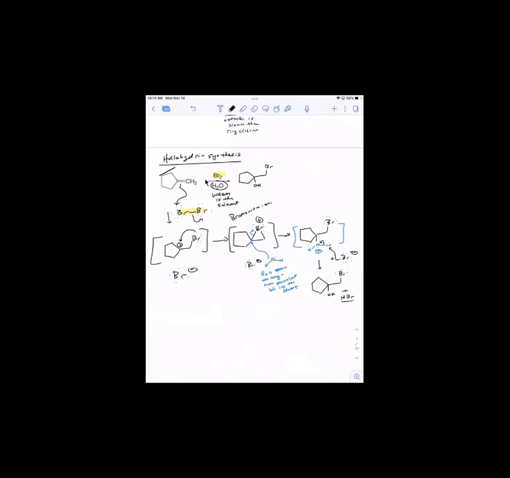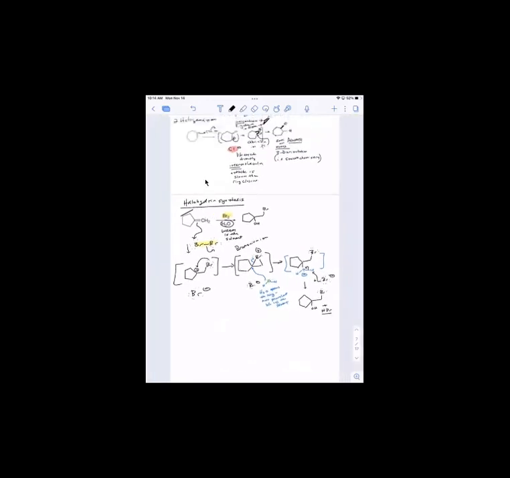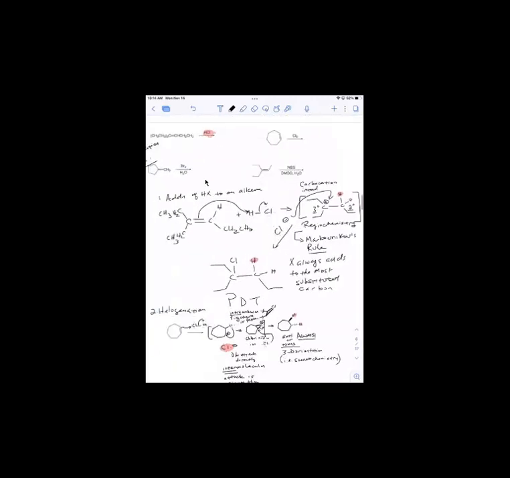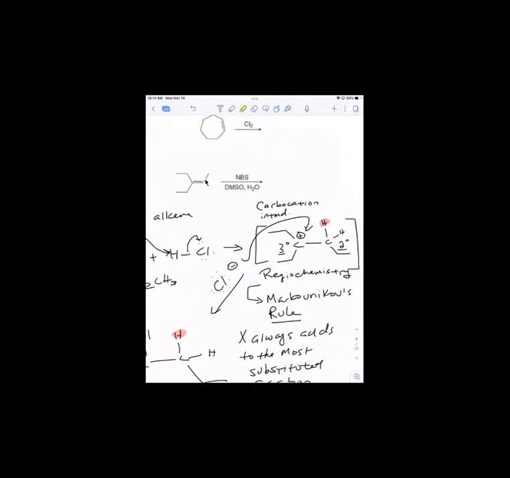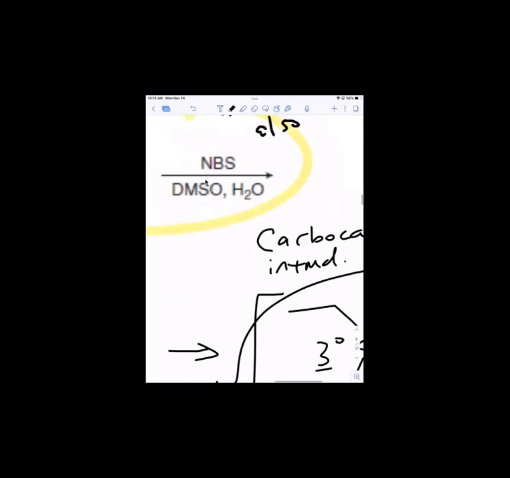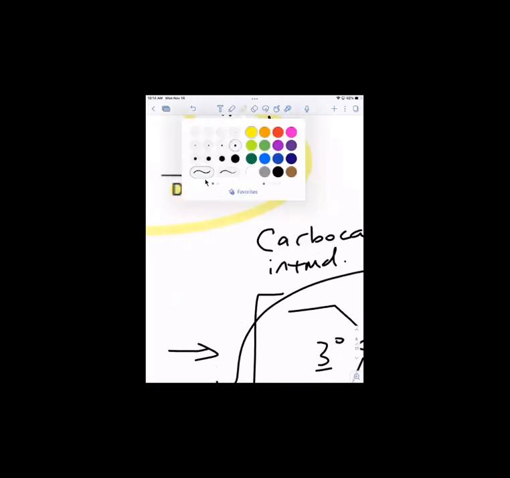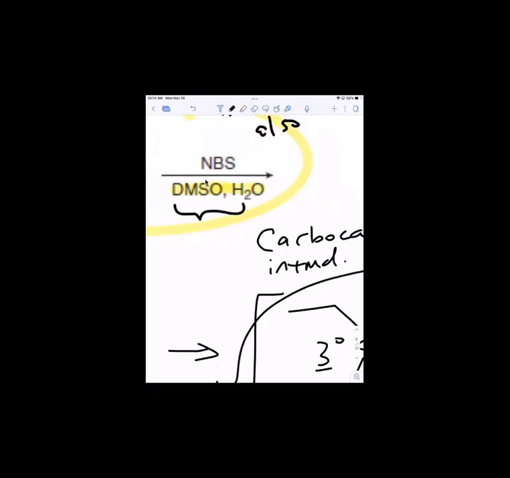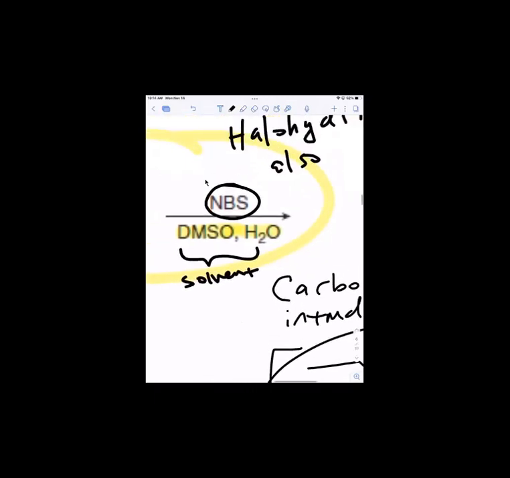All right. So the other method that's here is also a halohydrin synthesis, but it's just using a different set of reagents. This is done in DMSO and water, this is your solvent system. And then NBS is your bromine source.